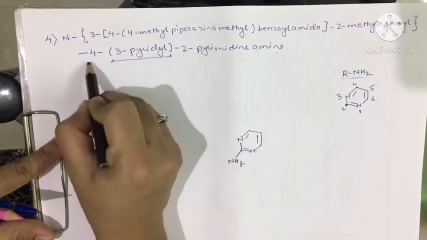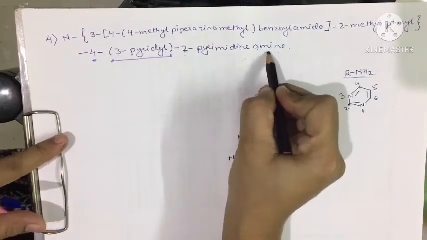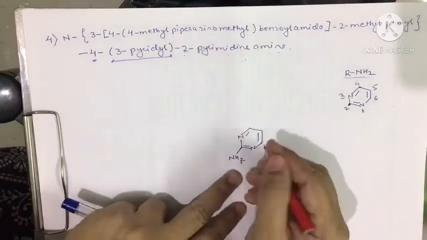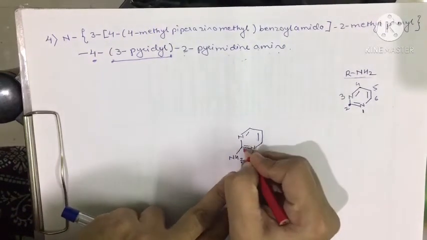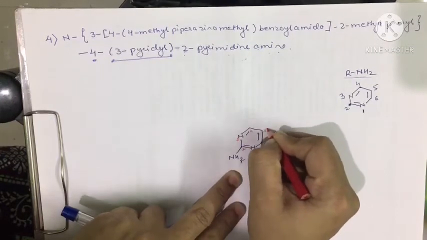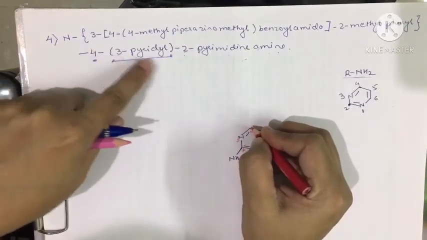The 3-pyridyl group is attached to the 4th position of this pyrimidine amine. So let us mark out the 4th position. Here I have 1, this is 2, 3, 4, 5 and 6. So at this position there is the 3-pyridyl group.